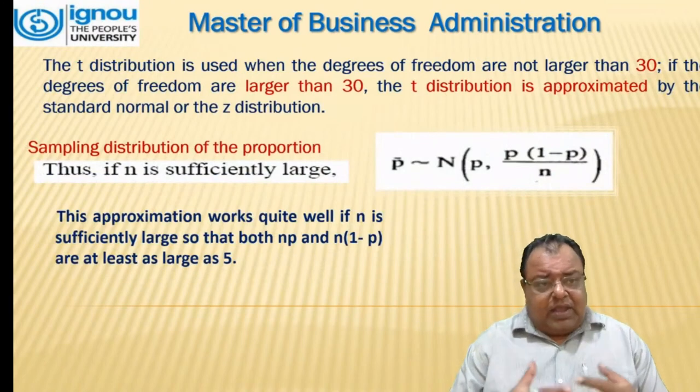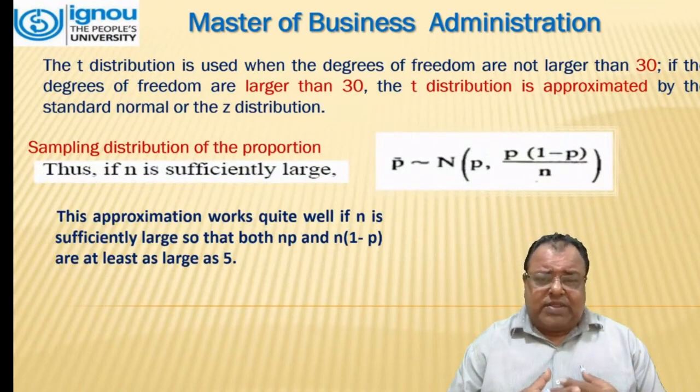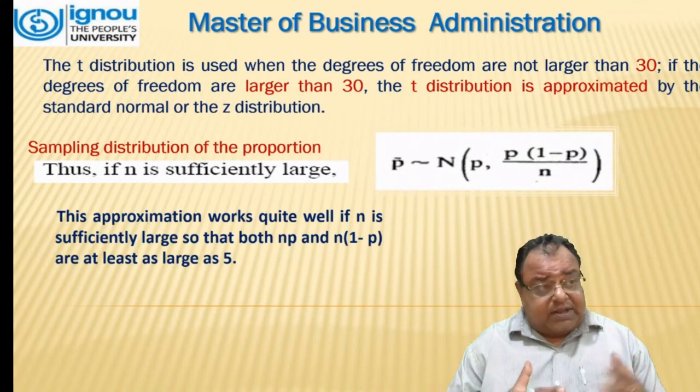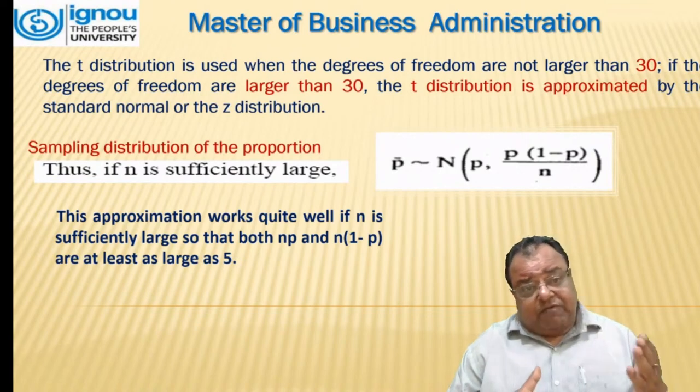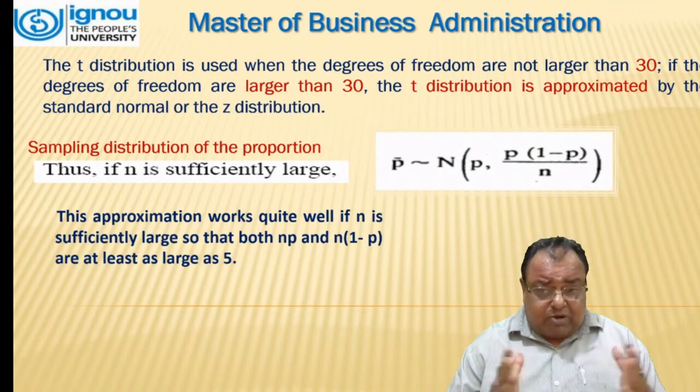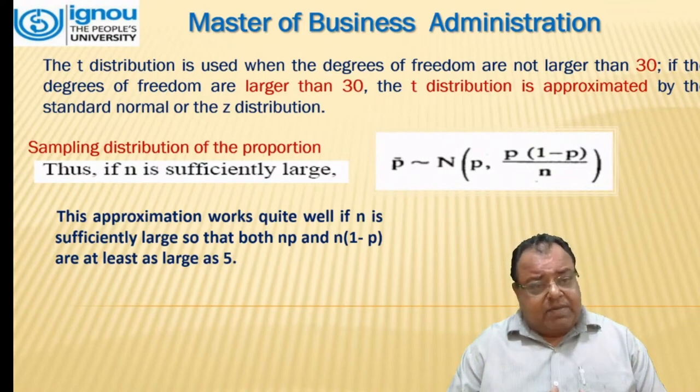Now, the t distribution is used when the degrees of freedom are not larger than 30. If the degrees of freedom are larger than 30, the t distribution is approximated by the standard normal or z distribution.